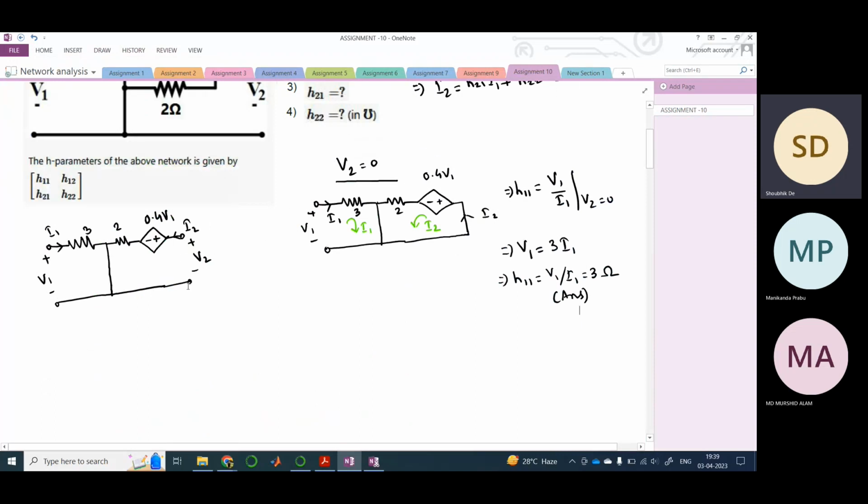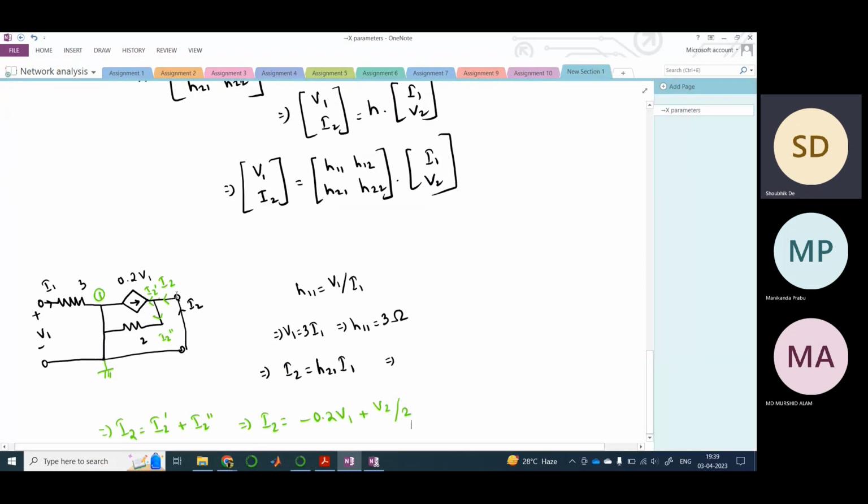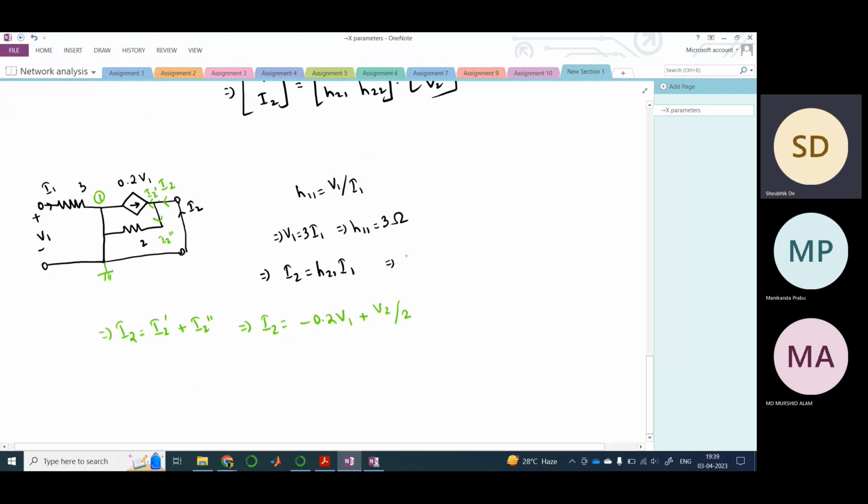Now you are shorting it. The moment you short it, this point is connected to the ground, therefore this point is zero, or V2 is zero. So you directly get I2 equals minus 2V1. I hope I am correct.